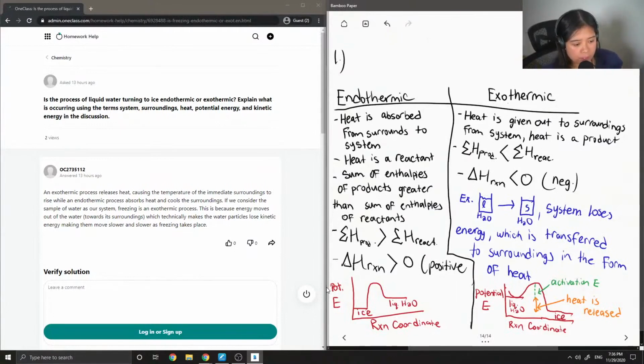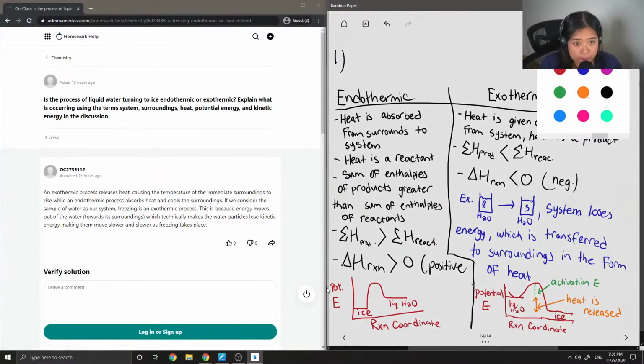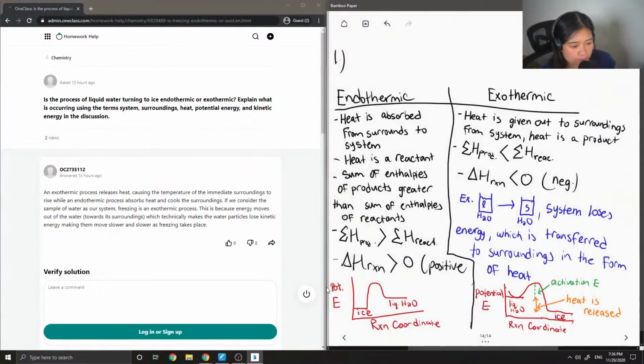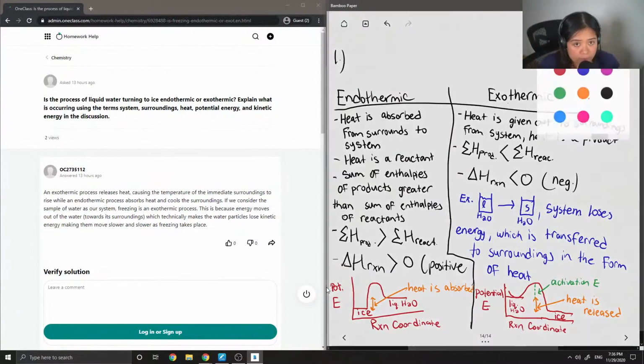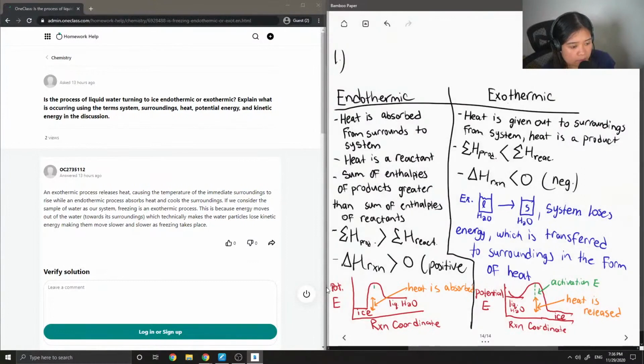You'll notice that our reactant this time is at a lower energy than our product, which is water. So I can label this as heat being absorbed. Again, this is just activation energy.